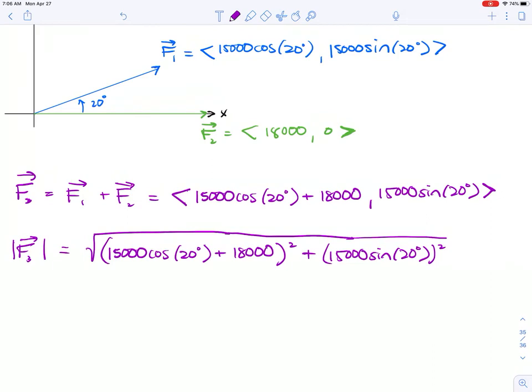Okay, so when I type that into my calculator, and I'm typing the exact values in, I have not used my calculator until now. Oh, forgot the plus 18,000.